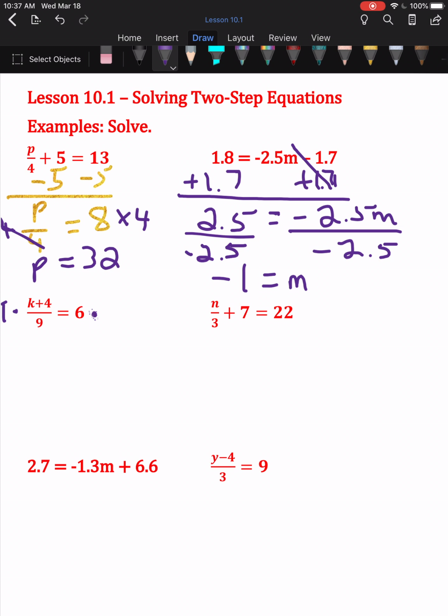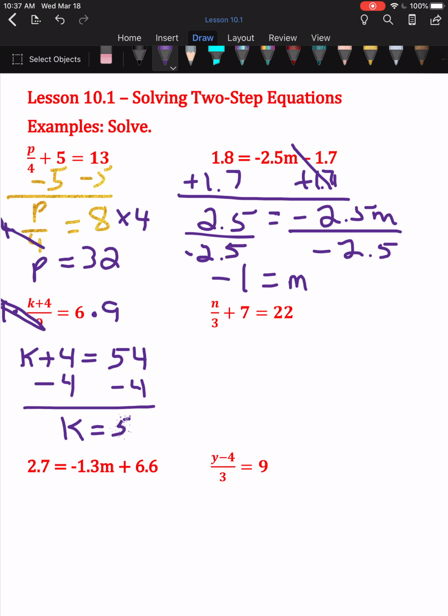On the left side, the 9 that we're multiplying by cancels with the 9 that's being divided, and we have k plus 4. On the right side, 6 times 9 is 54. And when we subtract 4 from both sides to finish solving this, we'll get k is equal to 50.